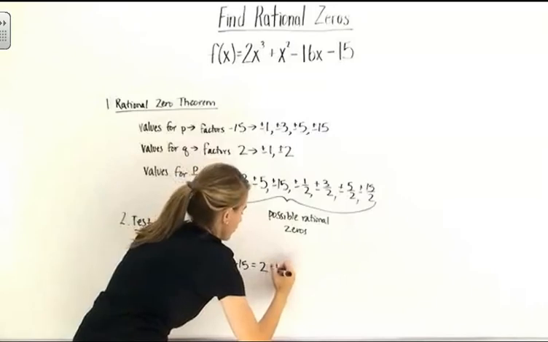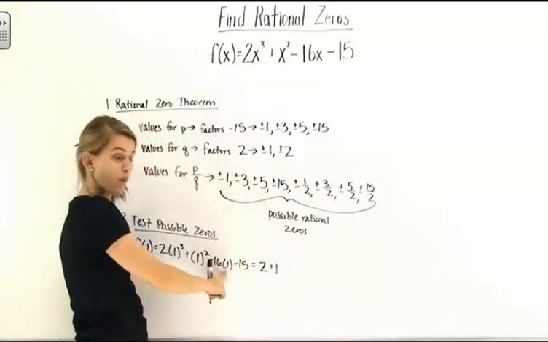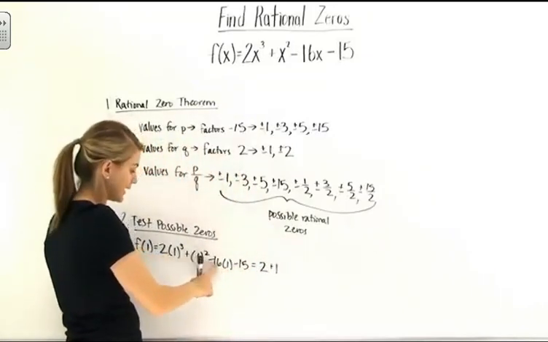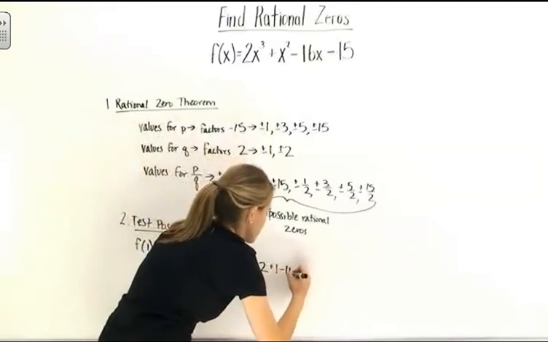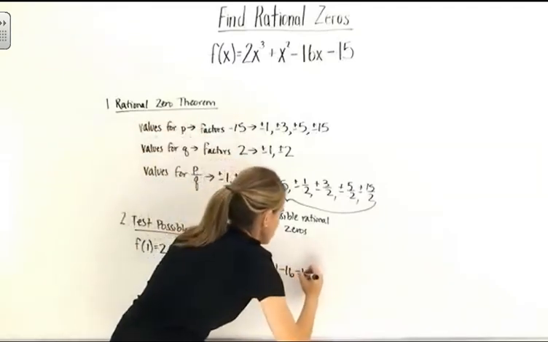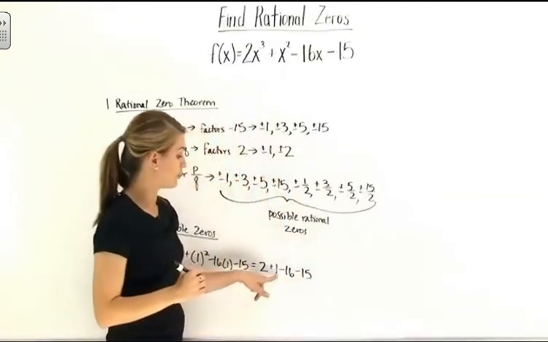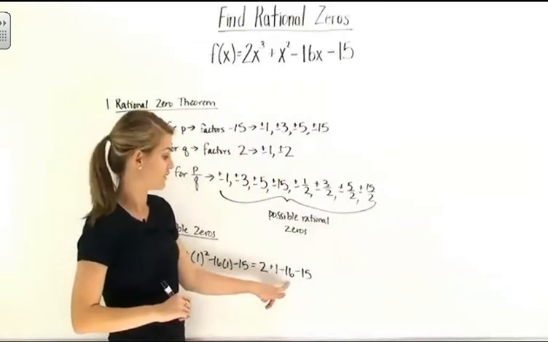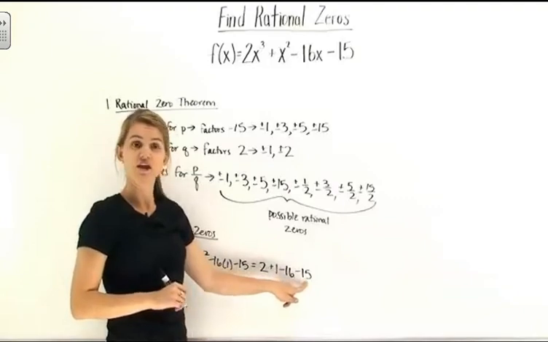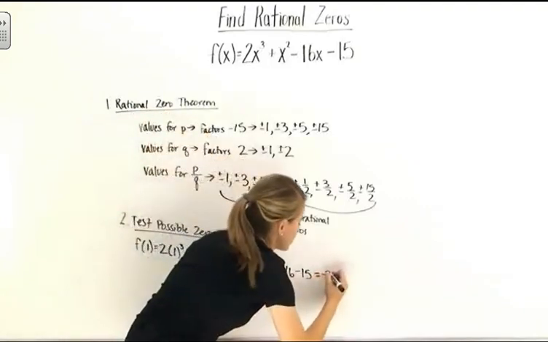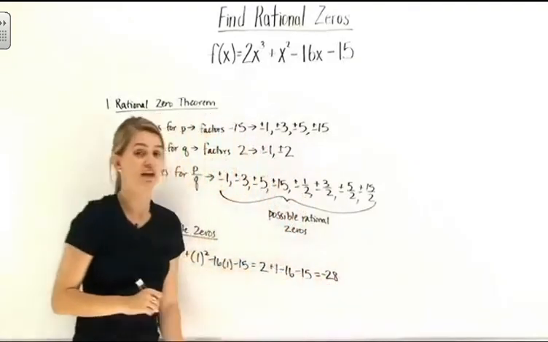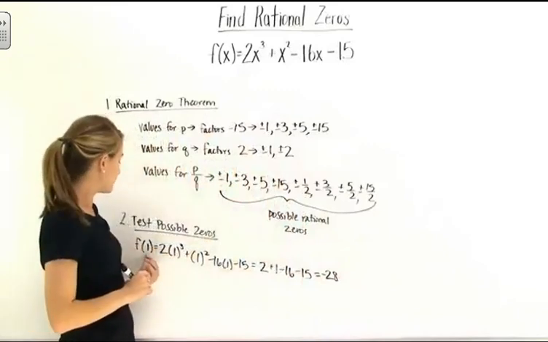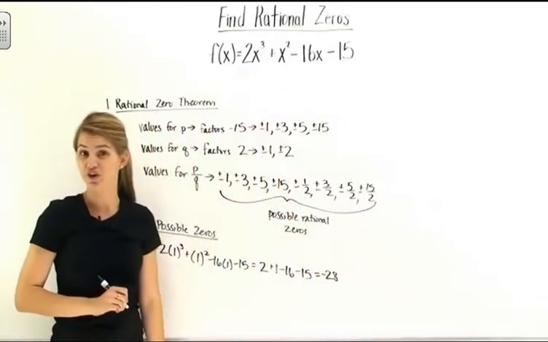So we get plus 1. 16 times 1 is 16. So we get minus 16. And minus 15. 2 plus 1 is 3. Minus 16 is negative 13. Minus 15 is negative 28. This function value did not equal 0. That means that 1 is not one of our zeros.